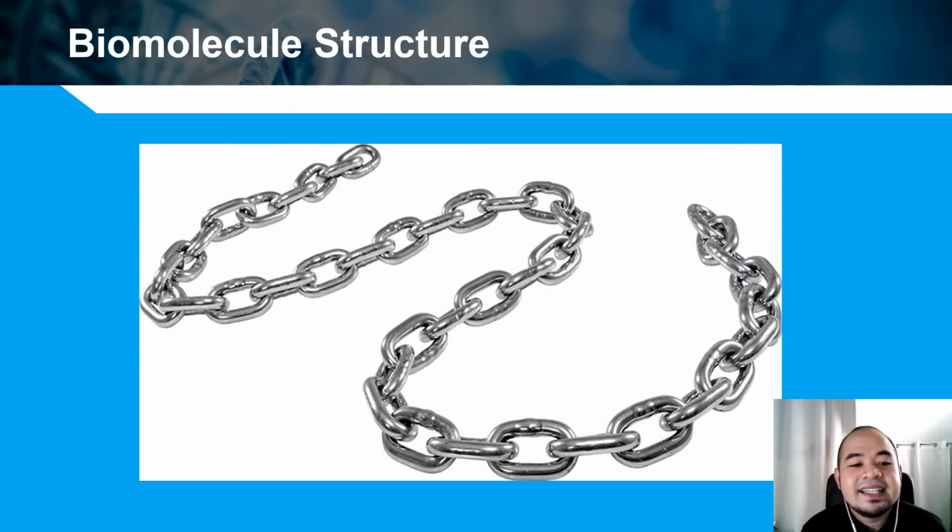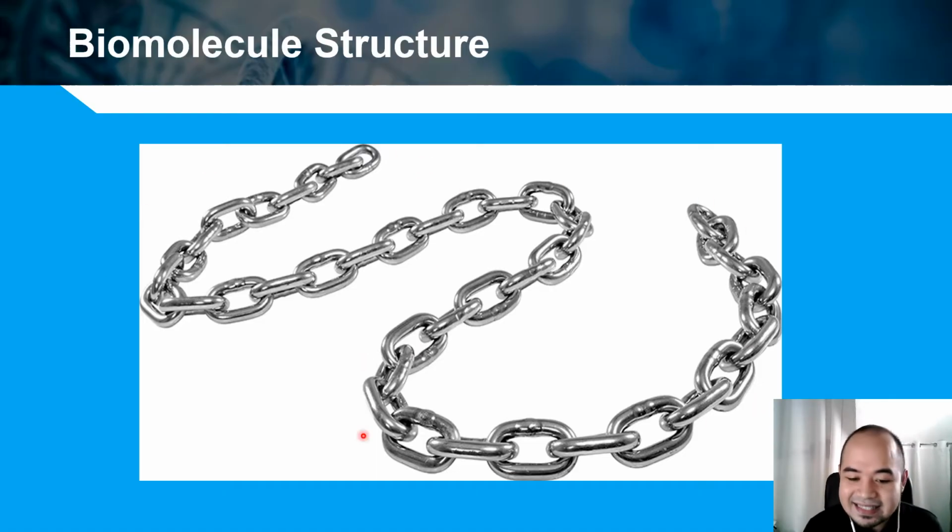Now, let's start our discussion with the biomolecules itself, the structure of the biomolecules. If you have read the materials that I have posted already, you will know that biomolecules, okay, the analogy that I use is like a chain. Why?